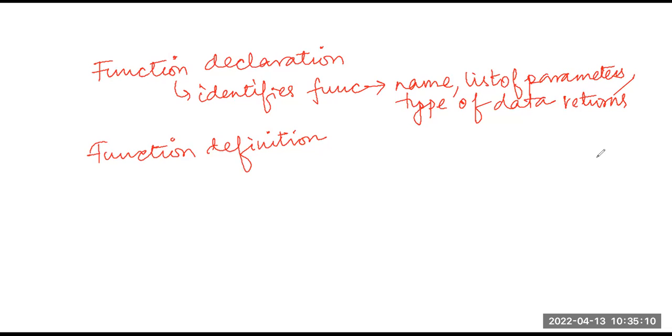And what is function definition? Function definition consists of a function header that will identify the function followed by the body of the function containing the executable code for that function. That means whenever we were calling a function, the cursor was jumping to where the function is defined. So this is the header. There was bracket open, bracket close.